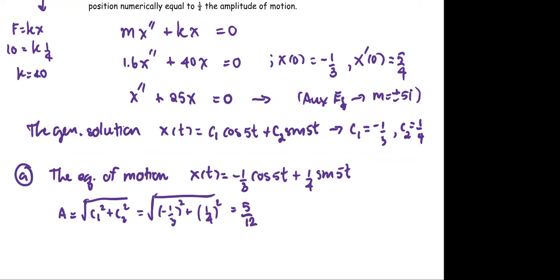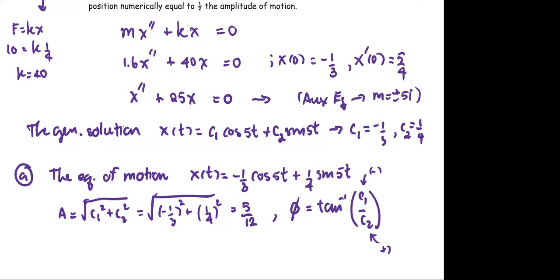And now we are going to find the phi, or the angle to represent the phase shift, the first position of the first cycle. So phi is the inverse tangent of c1 over c2. This time c1 is negative and c2 is positive.